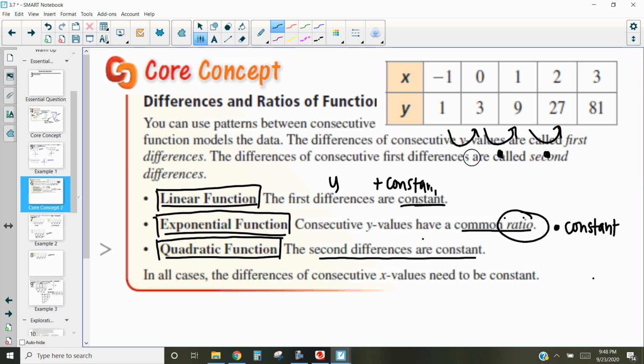And if it is a quadratic function, we are going to find the difference. So I'm going to subtract, subtract, subtract, and then find the difference between these ones. And depending on what those differences are, if they are the same difference, then it'll be a quadratic. And that, in a nutshell, is how we decide if a function is exponential, linear, or quadratic.